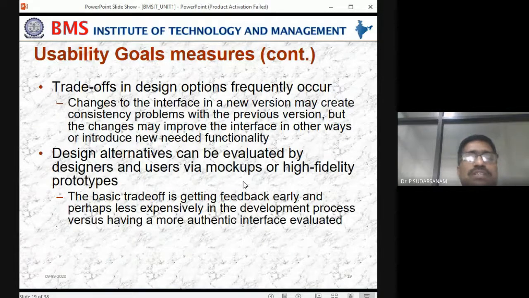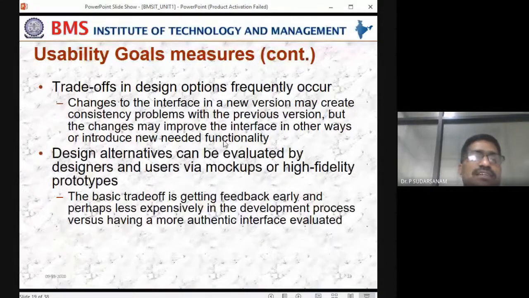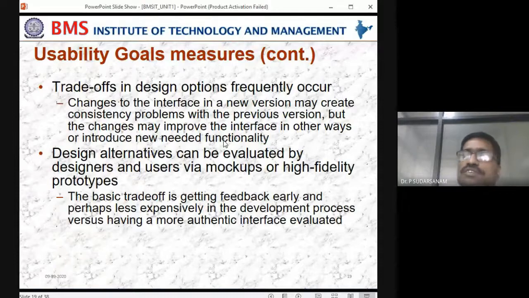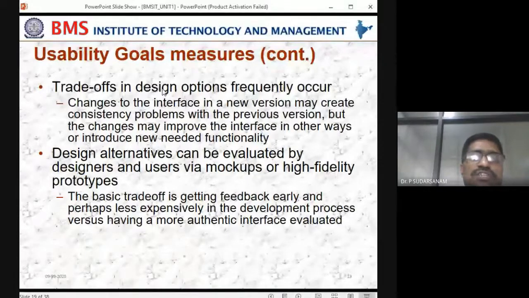Next, usability goals measures introduction. Trade-off is about the challenges you will have whenever you are doing business, and all these you need to address. Trade-offs in design options frequently occur. Changes to the interface in a new version may create consistency problems with previous versions, but the changes may improve the interface in other ways and introduce new functionality.